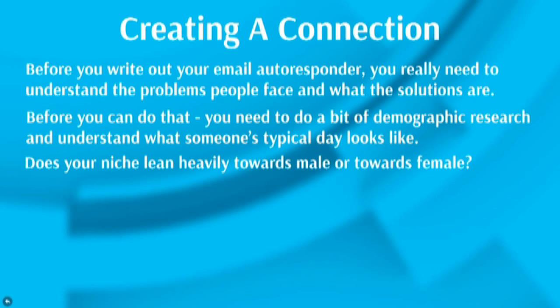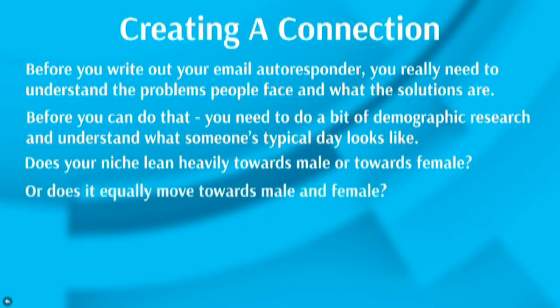So my question to you is, does your prospect within your niche lean heavily towards male or towards female? Or does it move equally towards both? For it to lean just towards female, let's say, for example, that niche is 90% female, or even 95%, or even 75%.